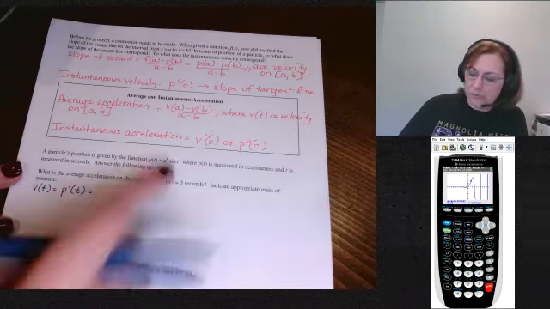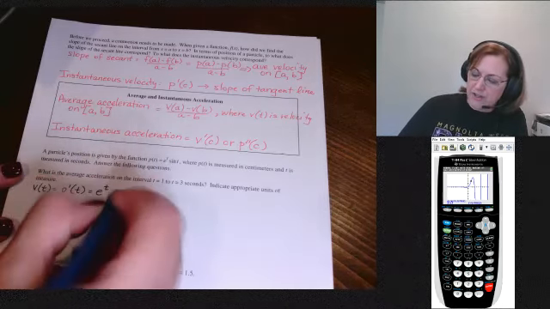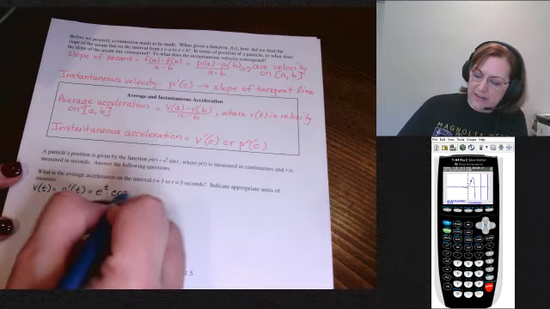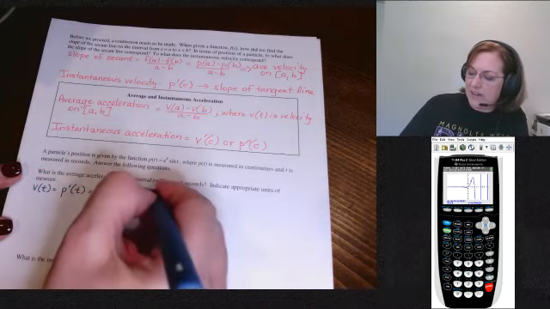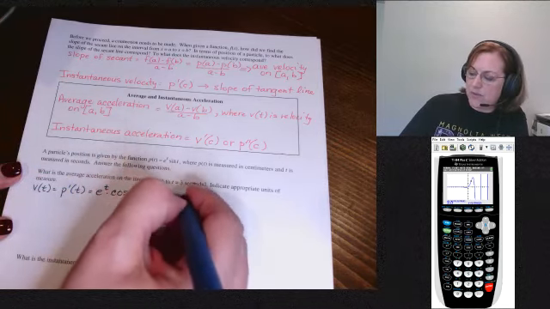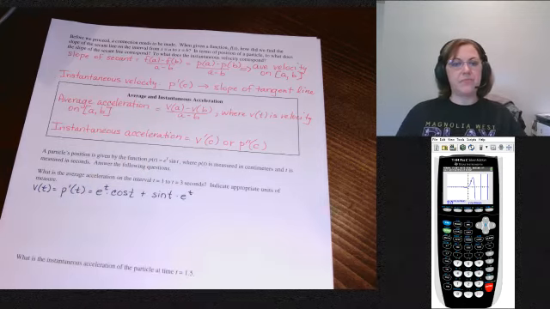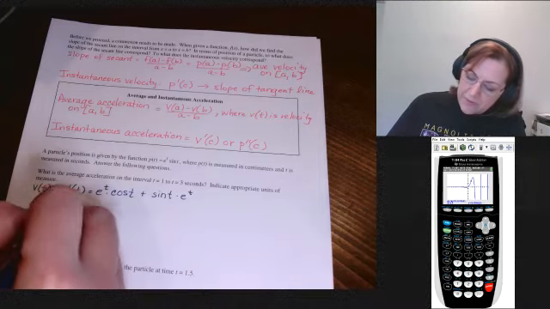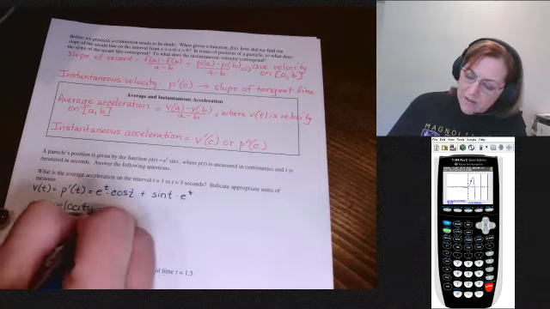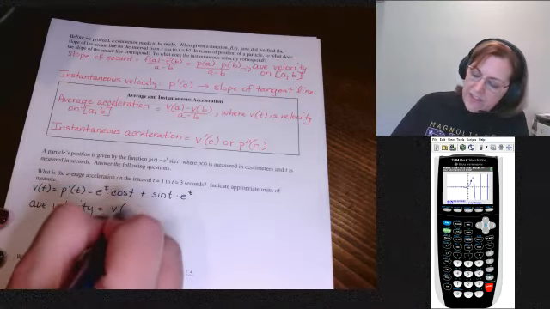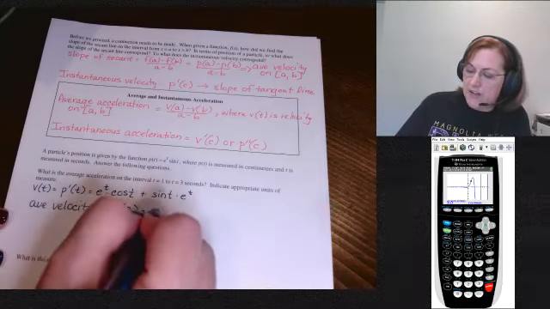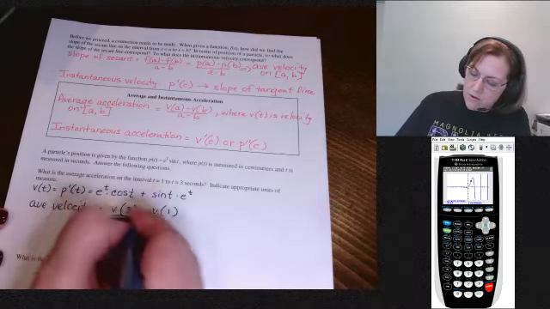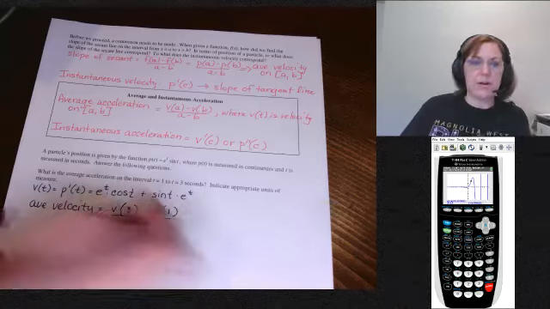It's a product rule. First times the derivative of the second plus the second times the derivative of the first. Now I'm going to set up the average velocity. It's going to be my v of 3 minus v of 1 over 3 minus 1.